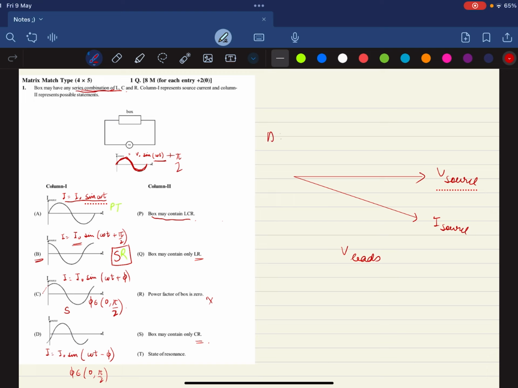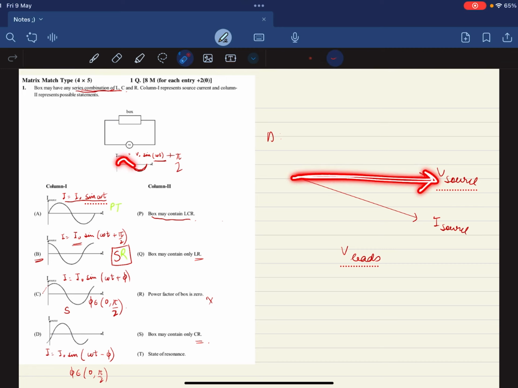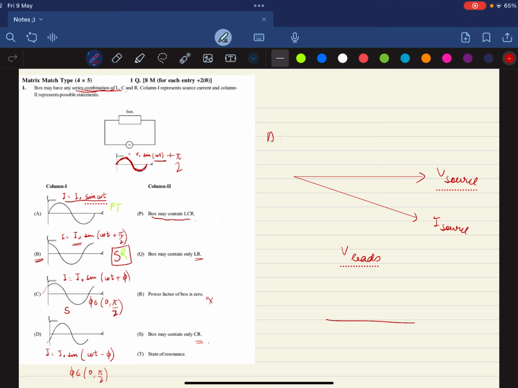This is the D part, and voltage leads because this was the V source and we have to subtract phi. So we will move anti-clockwise, subtract phi and get to the I source. So actually V, the voltage, is ahead of I in the D part.